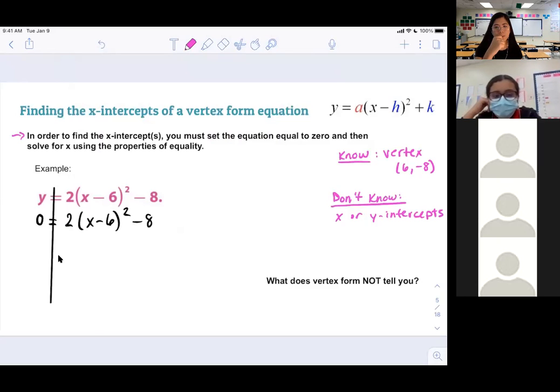Maybe take the square root to take off the exponent. I want to do that eventually, but I can't do that right now because there's a lot more going on. So what should I move away from the x first? The 8. Yeah, the 8. How do I move it? Adding it. Yeah, we're going to add 8.